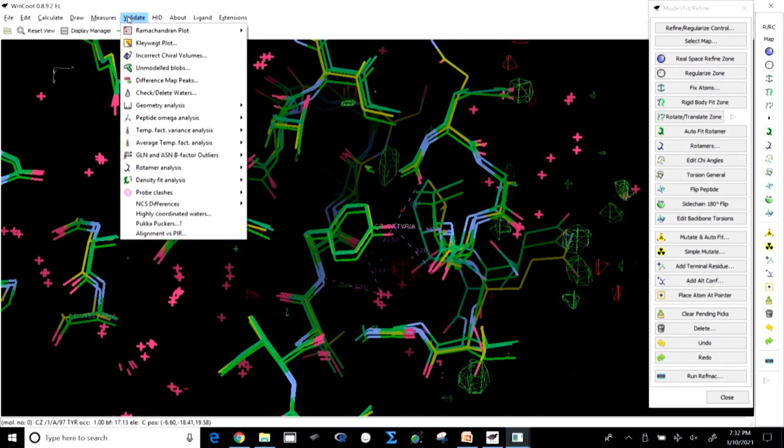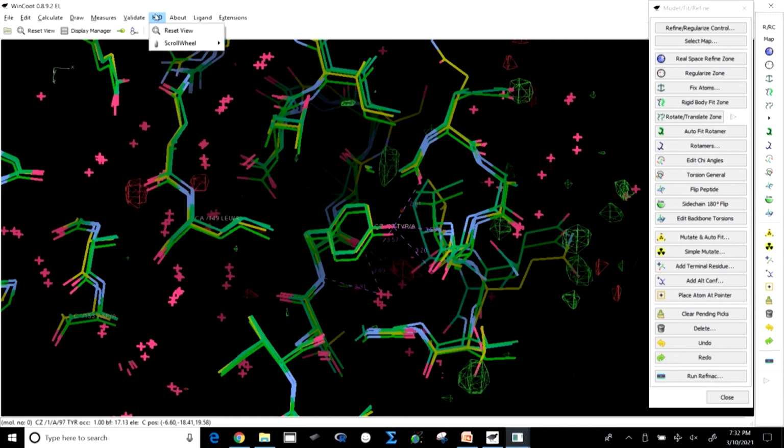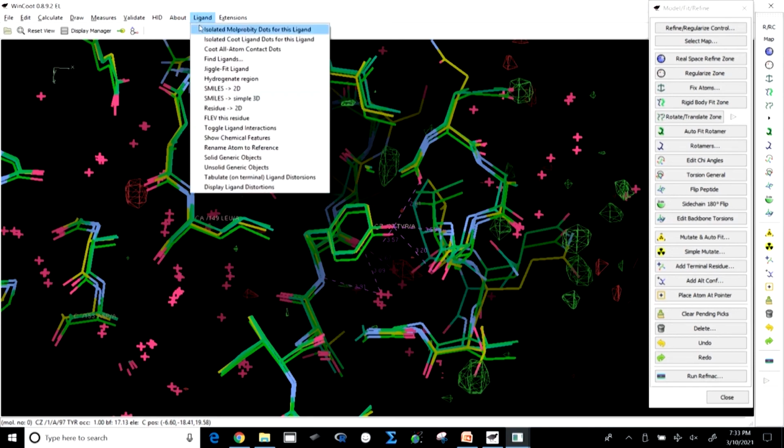And in Validate, we have a lot of options to validate different things. We have talked about them. You could have used the scroll wheel also for alternative views. You could have read the header remarks. If you remember, I talked about that in the last class in the PDB option. When you go to the PDB, there are a lot of remarks, headers and all. You could have got them here.